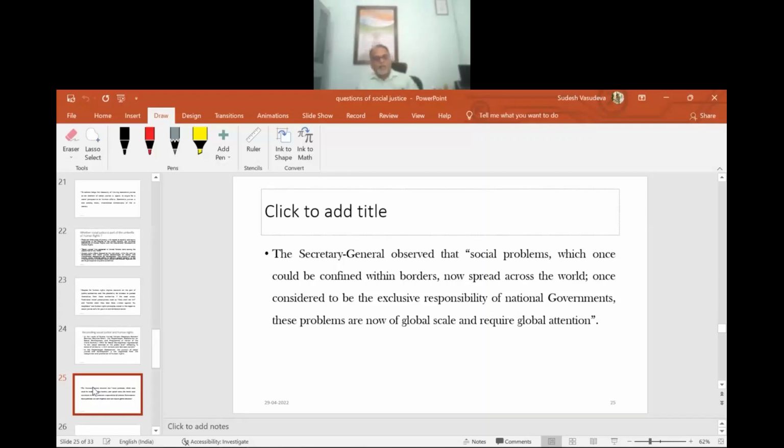So this particular emphasis by the former United Nations Secretary General Boutros Ghali is an admission that social problems, or social justice specifically, is not now only limited to national governments. These must be tackled at the global scale, which requires global attention.